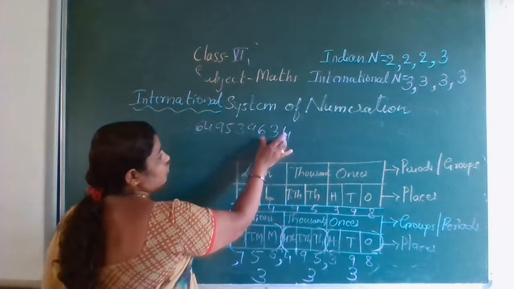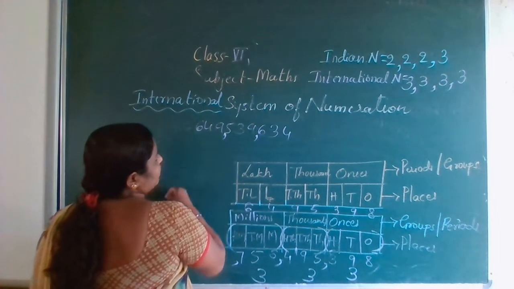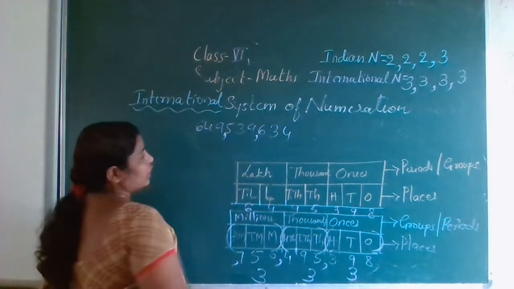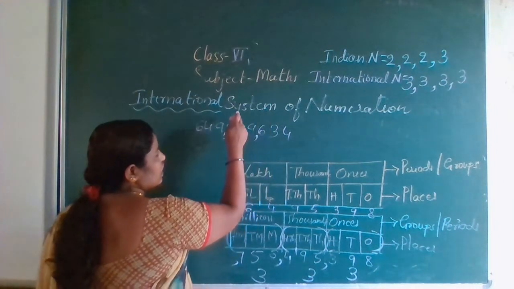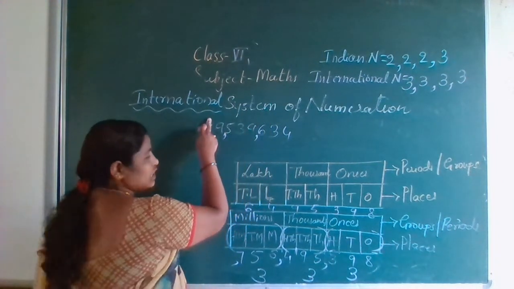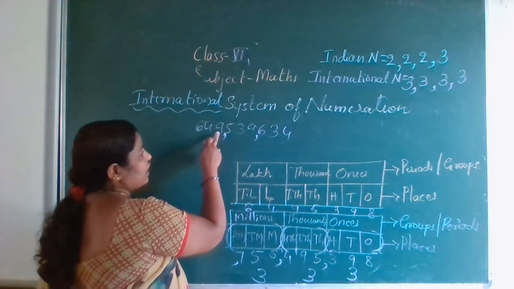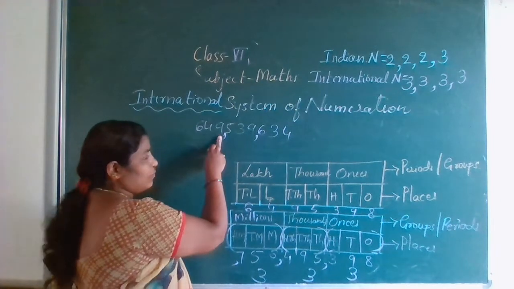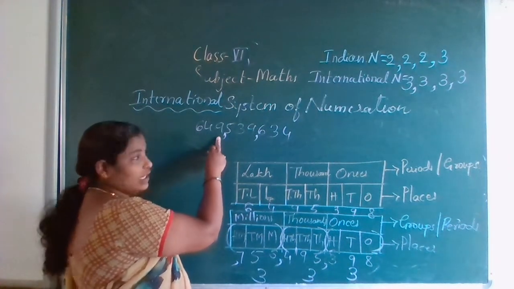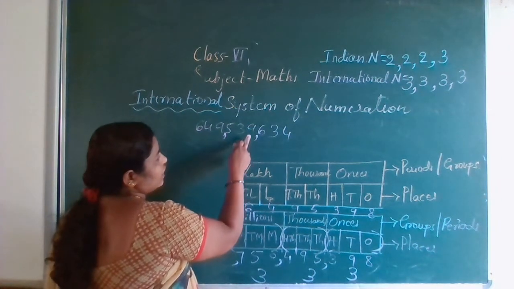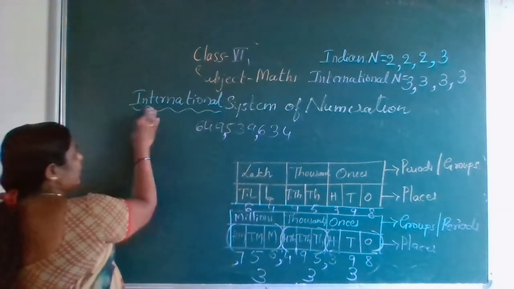First 3 places, again 3 places, and the last group no need to give. How to read it? This is ones, this is thousands, and this is million. 649 million, got it? 649 million, 539,634.